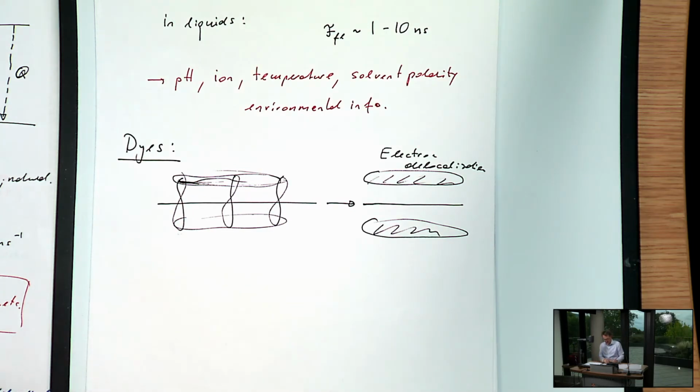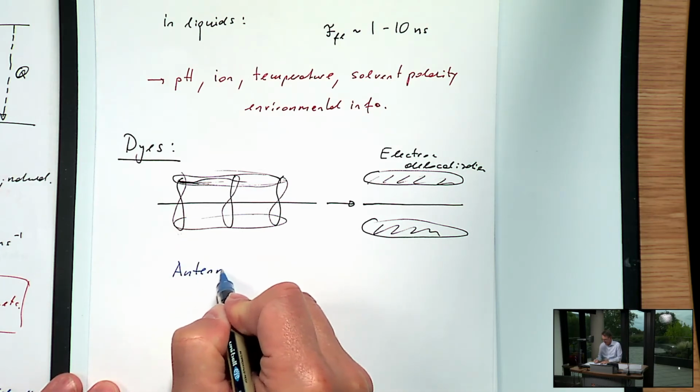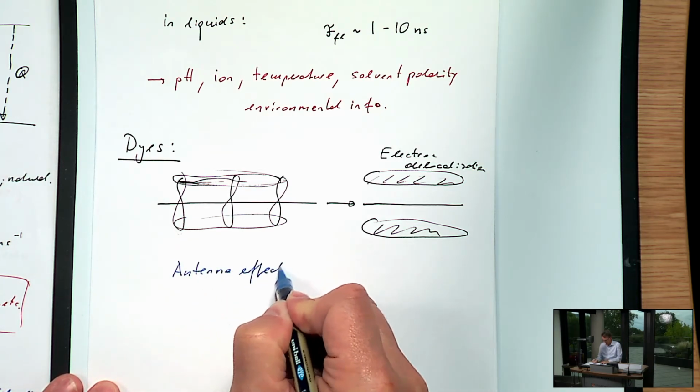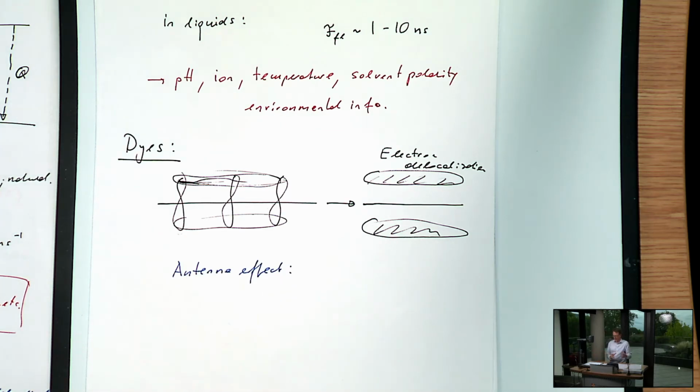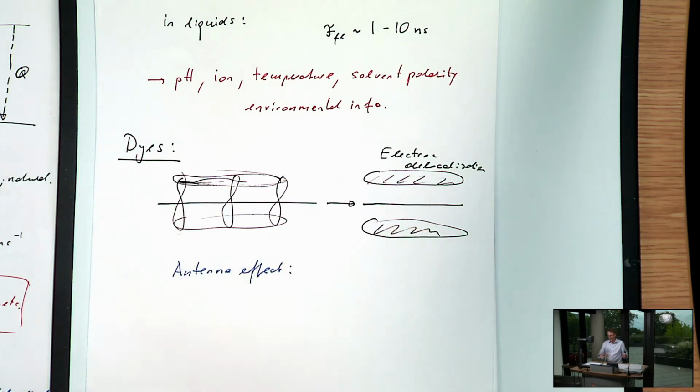And so what you get is this so-called antenna effect that I just mentioned. The bigger you make these molecules, the more conjugated bonds you have, the larger the distance over which these electrons can move relatively freely, and so they become big antennas.